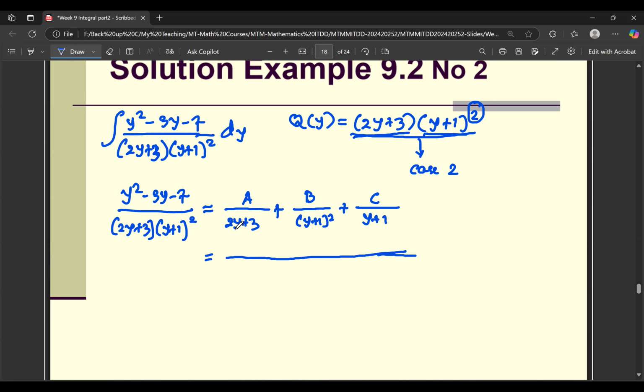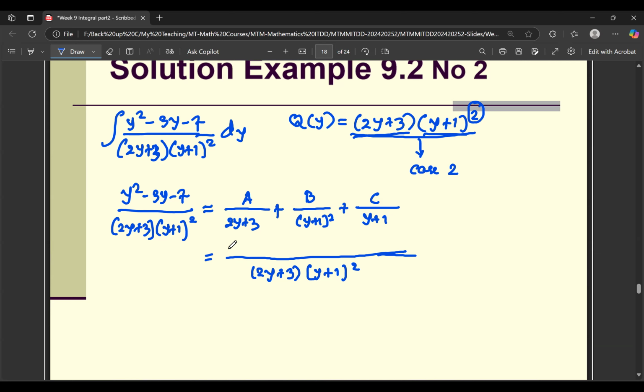The common denominator must have 2y plus 3 here, and we choose the biggest power of the denominator, y plus 1 squared. We don't need to write y plus 1 again here; we just write the biggest power of the denominator.